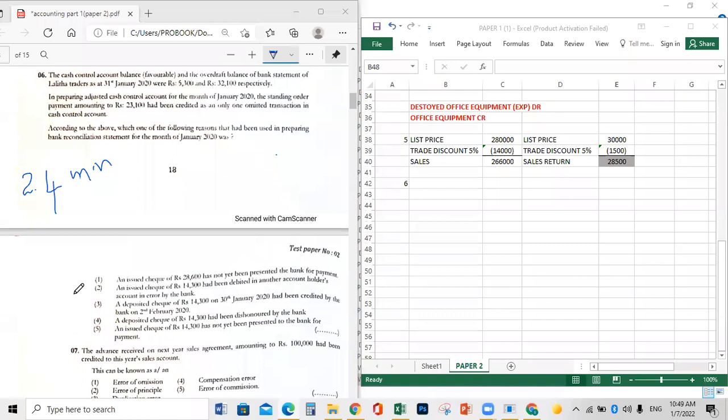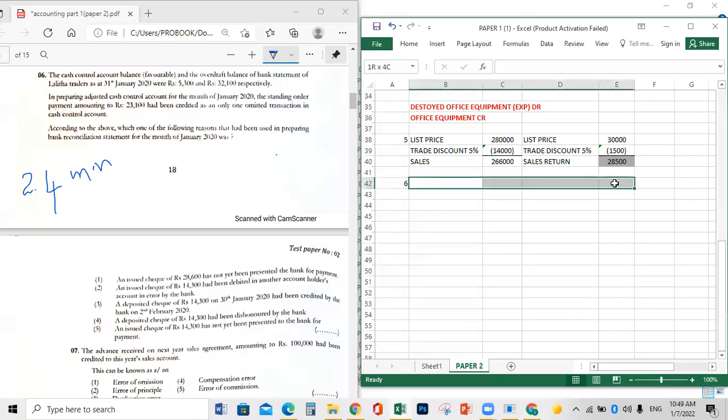Yusra, correct answer. Okay, let's see what's the question so I can quickly draw the formats and keep. Mariam Mubarak, correct. According to the above, which one of the following reasons had been used in preparing the bank reconciliation statement for the month of Jan? Zainab, correct answer. Sarah, check again. Okay, let's see. The cash control account.